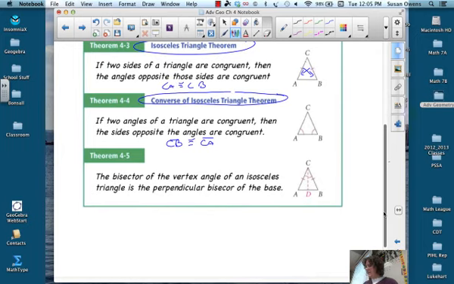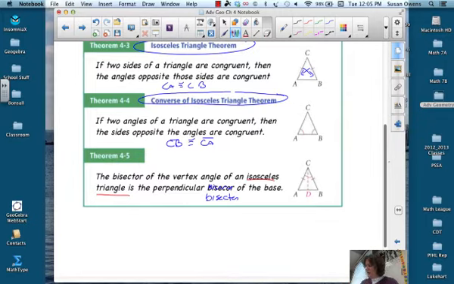And then the last one is the only one that actually has anything in it about isosceles triangles. This one says the bisector of the vertex angle of an isosceles triangle is the perpendicular bisector of the base. So if we're given that we have an isosceles triangle and we bisect the vertex angle, then we can say that the bisector of the vertex angle is the perpendicular bisector of the base.